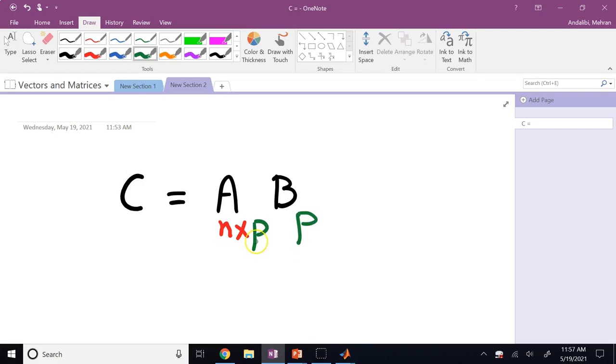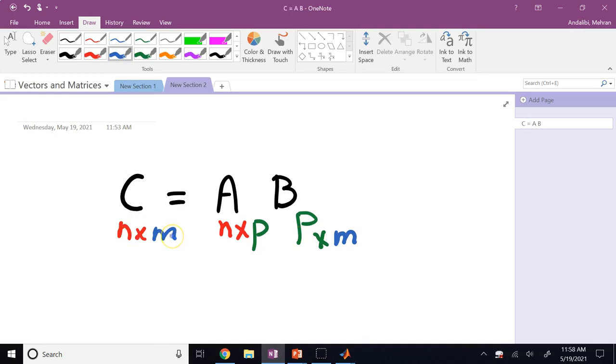Rows as columns of A. So if A has P columns, B has to have P rows by, let's say, another number of columns. It doesn't matter, maybe M. So the number of rows of second one and the columns of the first one have to be the same, otherwise you cannot multiply. Now what's the result of that? The result of that is going to be the numbers that are uncommon between A and B. So it's going to be n by m.